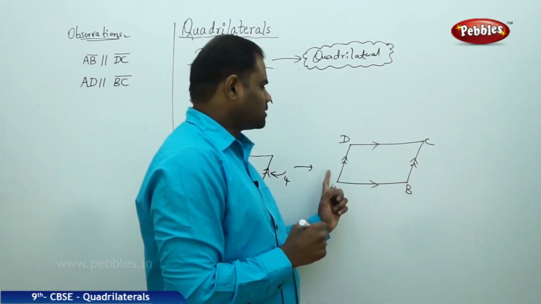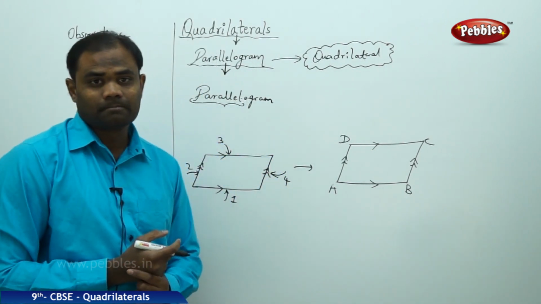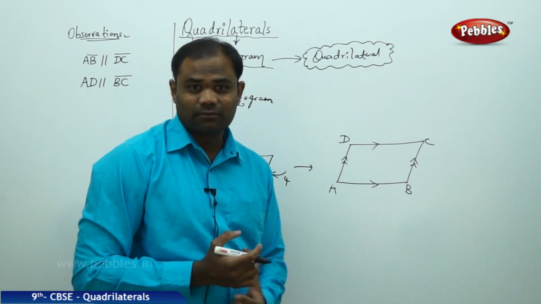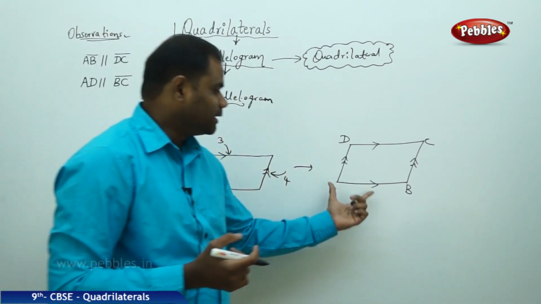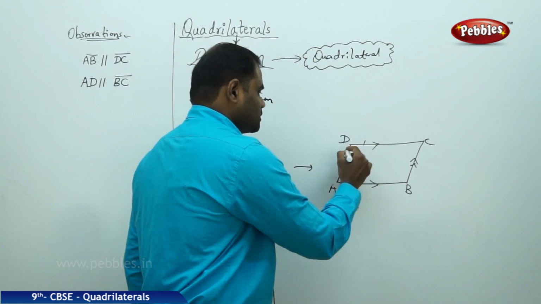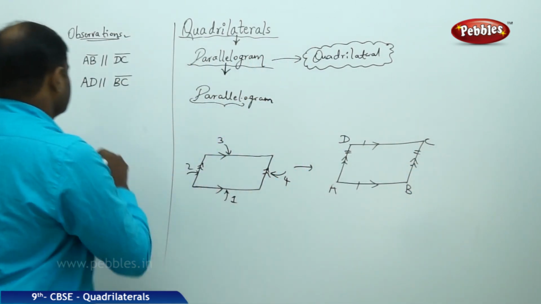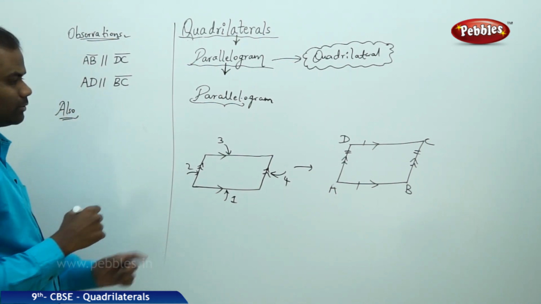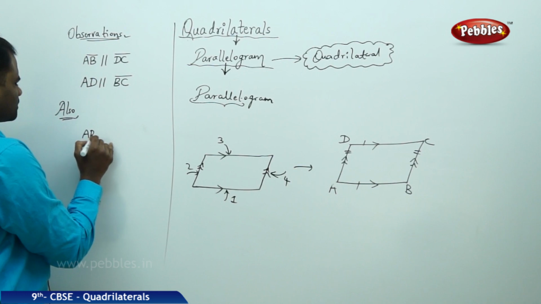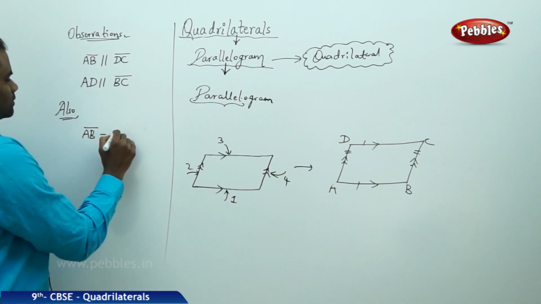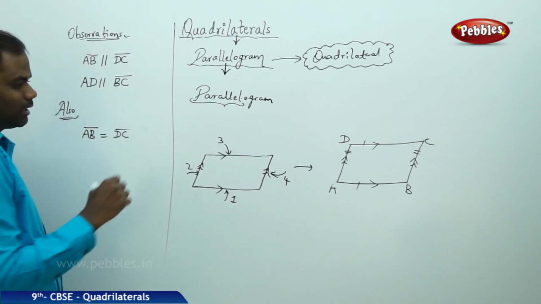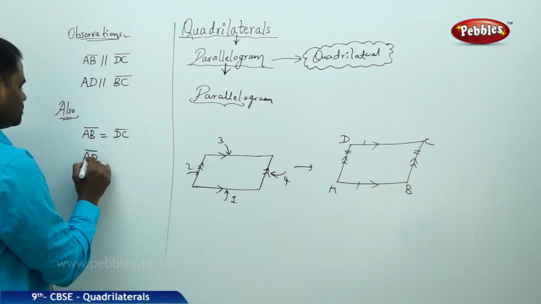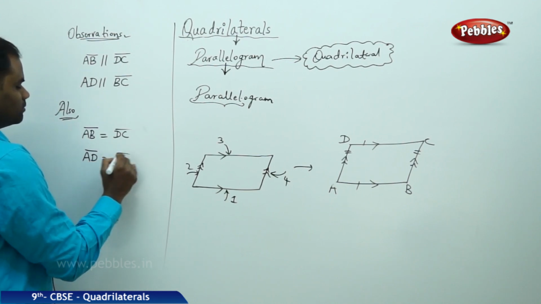Therefore, opposite sides are parallel to each other. Similarly, I notice that when two pairs of opposite lines are parallel, their lengths are equal. That is, this length equals this and this length equals this. Also, I notice the line segment AB is equal to line segment DC, and my line segment AD is equal to the line segment BC.